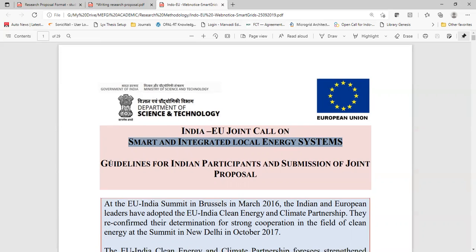That means you need to consult at least one partner from European Union countries. It may be France, it may be Germany, it may be Italy, it may be anything else. So you have to have a partner from one of these countries.